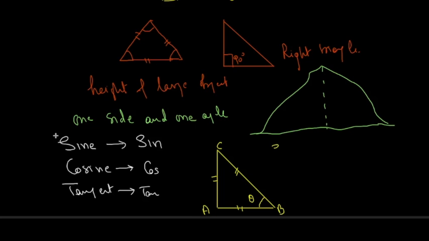Now these three functions which we discussed, sine, cosine and tangent, as I told you, are the ratios of the various sides of the triangle. Now for example, this sine. Okay, before I discuss the ratios, I'll tell you there are two mnemonics which are generally used to remember.